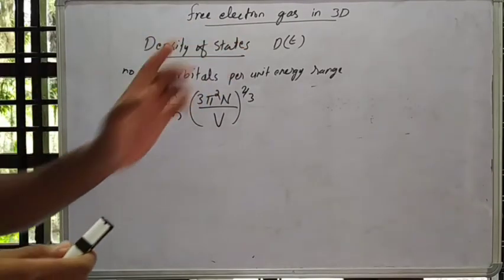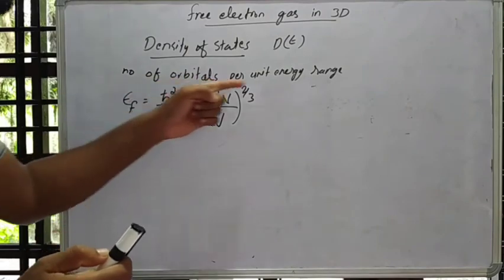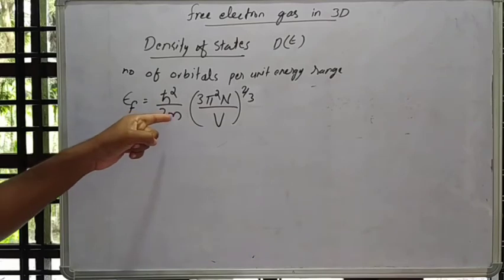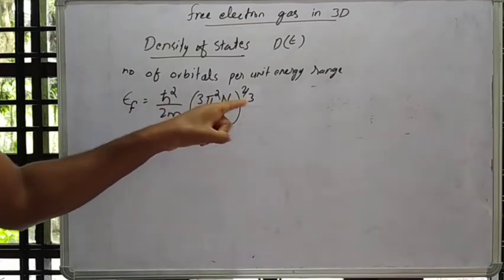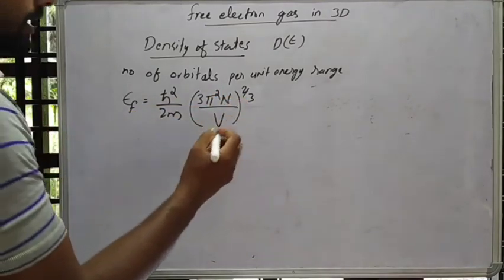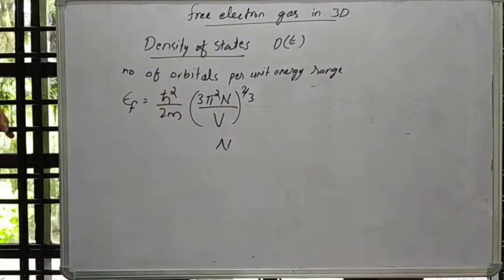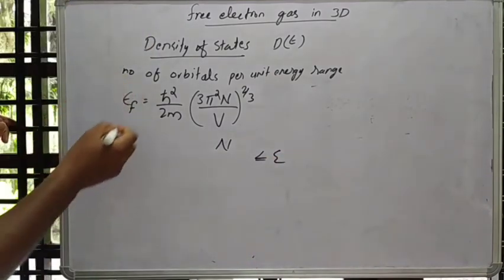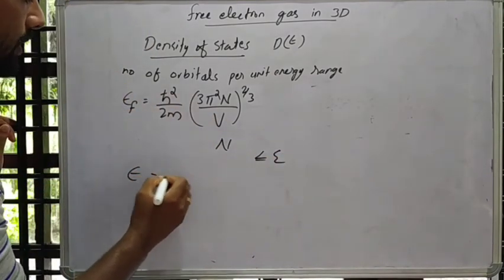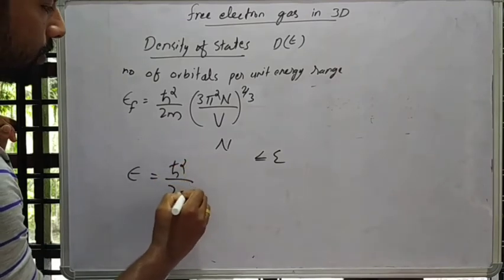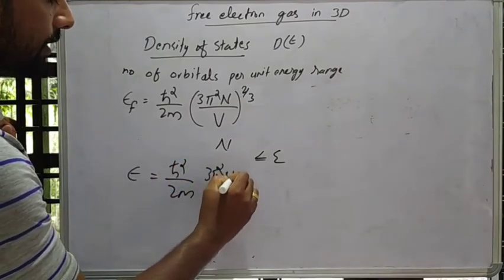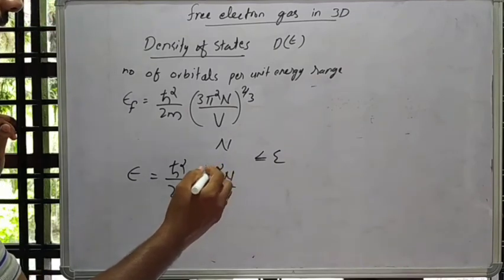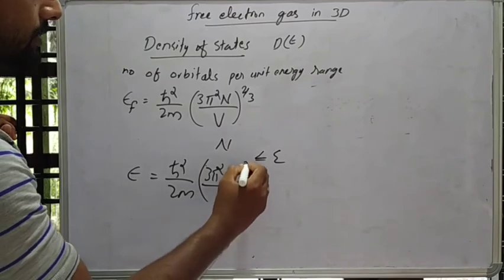So let us discuss density of states, D(E). It is the number of orbitals per unit energy range. And we know the equation of Fermi energy EF is equal to ħ square over 2m (3π square N over V) whole raised to 2/3. Okay. And if we consider the total number of orbitals of energy less than or equal to E, generally we can write this equation as E is equal to ħ square over 2m (3π square N over V) whole raised to 2/3.